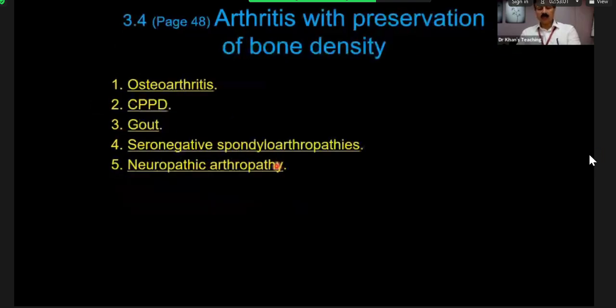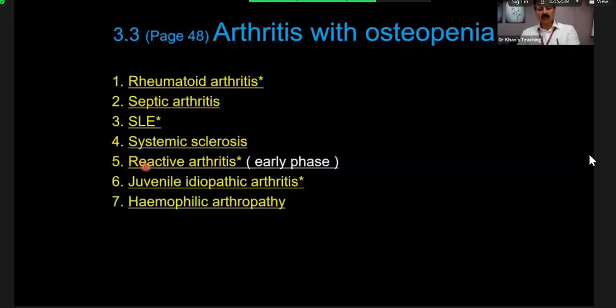Let me go back to the next one, arthritis with preservation of bone density, and there is a huge group here, seronegative arthritis. Generally speaking, seronegative arthritis does not cause osteopenia. However, one of them, which is known as reactive arthritis or chronic reactive arthritis, is the exception. We'll come back to this.